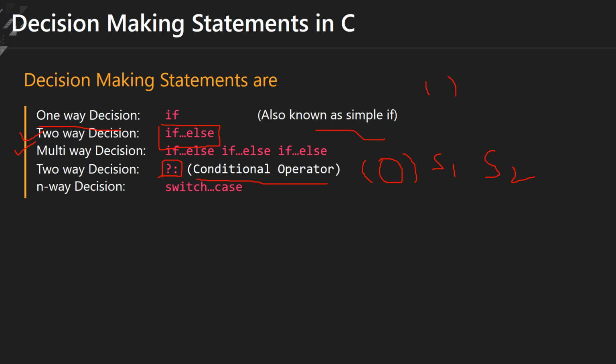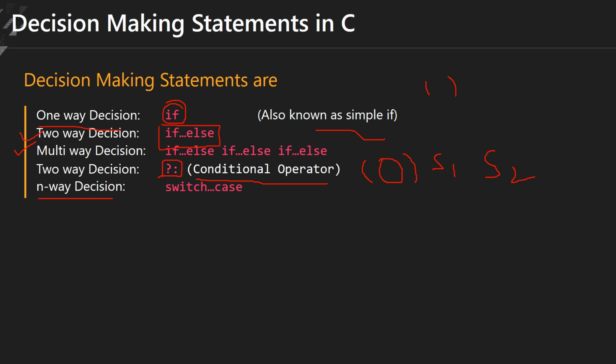In this video, we'll discuss only the simple if statement, and another way to test, the n-way decision, which is the switch statement. There are multiple cases, and whichever case statement to execute is left to the user.